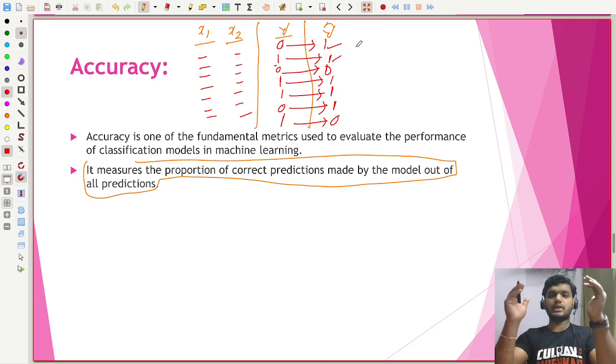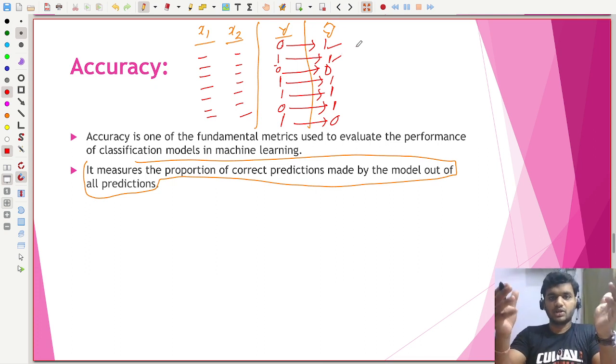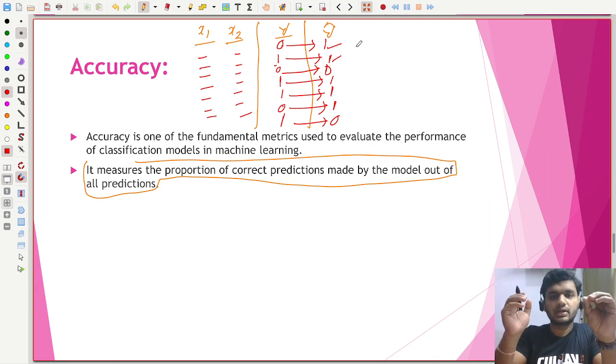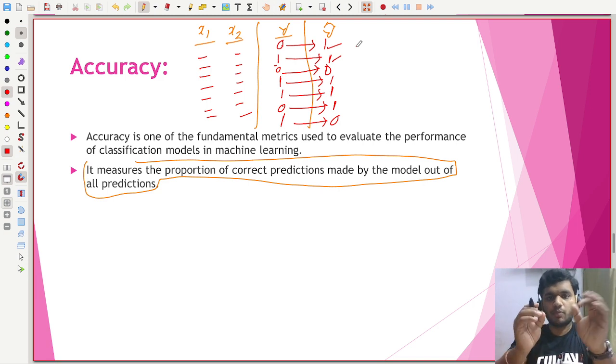We'll calculate the accuracy, the percentage of accurate predictions of our model.